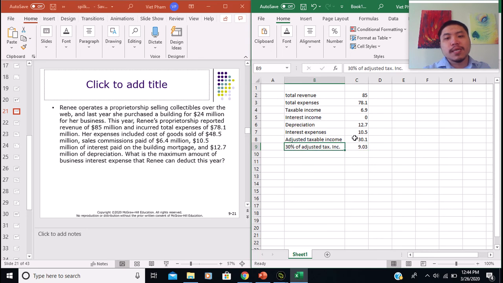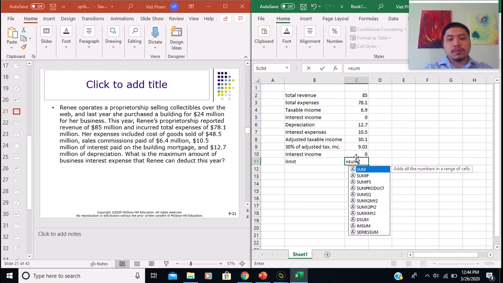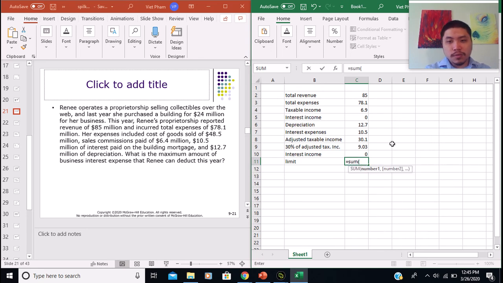And then we have to add back the interest income, which is zero here. So in total, our limit is going to be the sum of these two, which is $9.3 million.